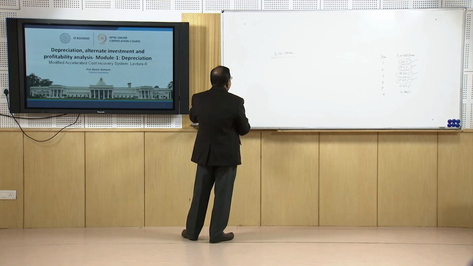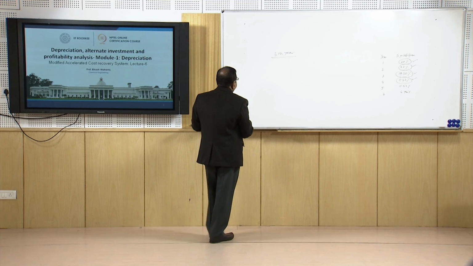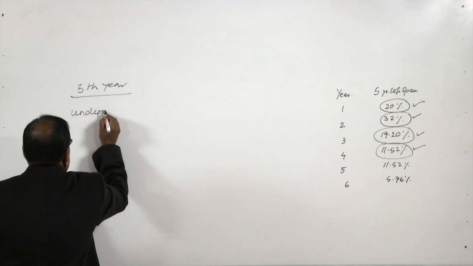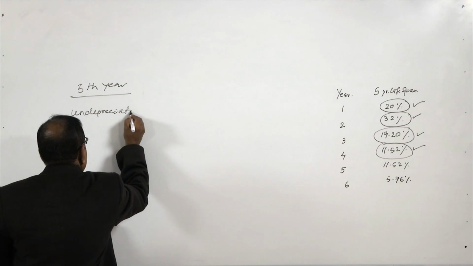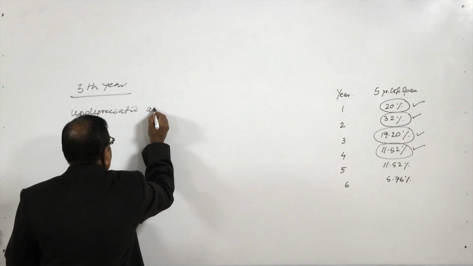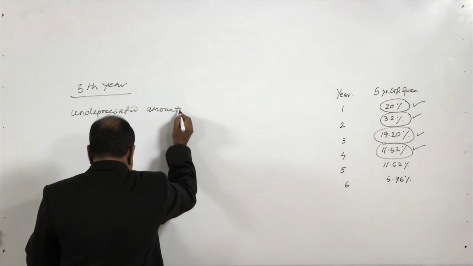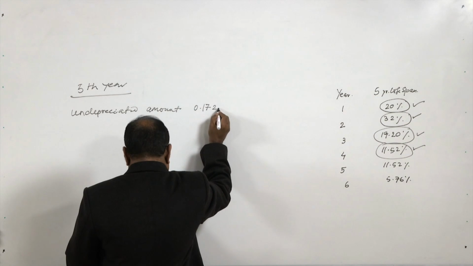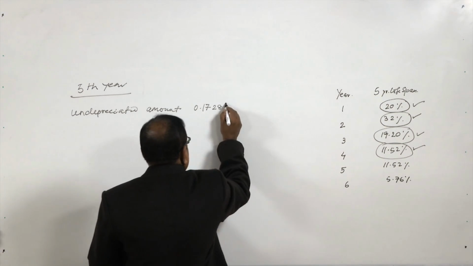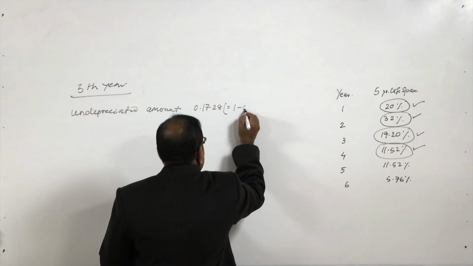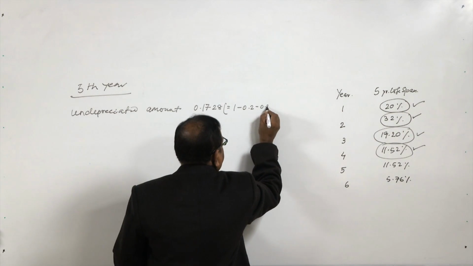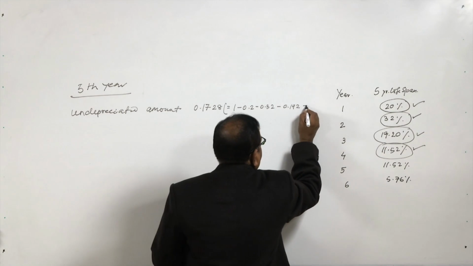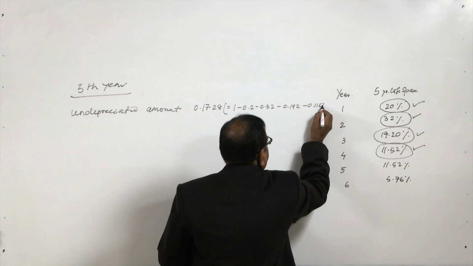Now, in the 5th year we will calculate the undepreciated amount. Undepreciated amount is 0.1728. How has it come? 1 minus 0.2 minus 0.32 minus 0.192 minus 0.1152.